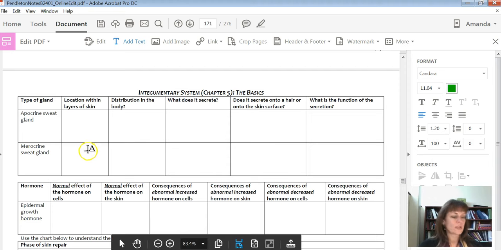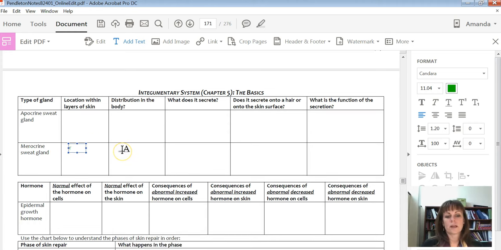Okay, so if we look here, let's start with merocrine first. Again, this is mostly in the reticular layer of the dermis.